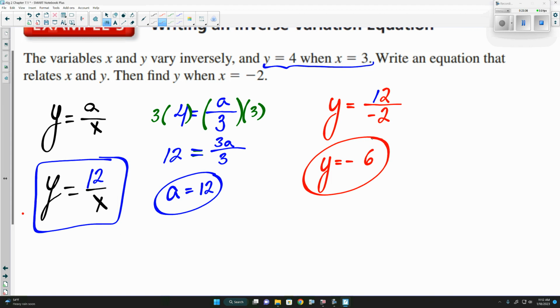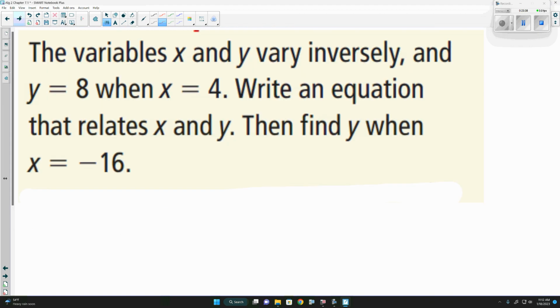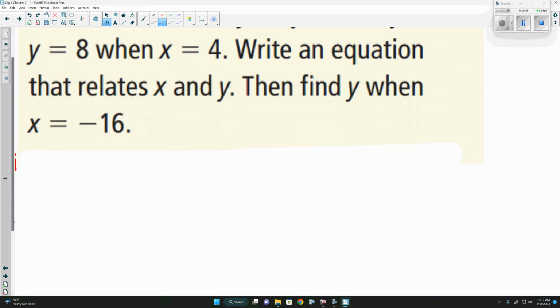Let's look at another one. The variables x and y vary inversely, and y is equal to 8 when x is equal to 4. Write an equation that relates x and y, then find y when x is negative 16. So our first part is finding the value of a so we can set this equation up.